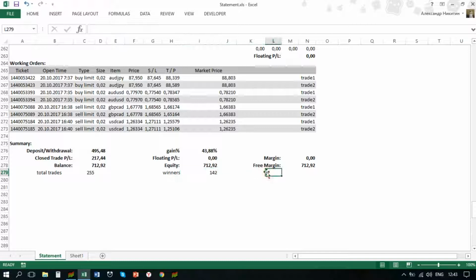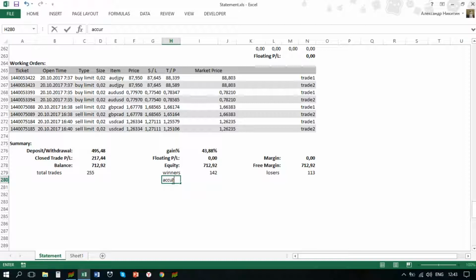Let's calculate the losers. It is pretty simple. Losers equals the total amount minus winners. This way we have the losers. Okay, let's calculate the percentage. It is called accuracy, or probability of having a winner.